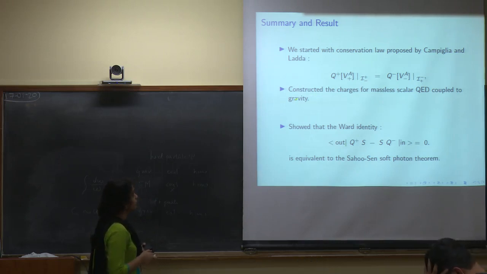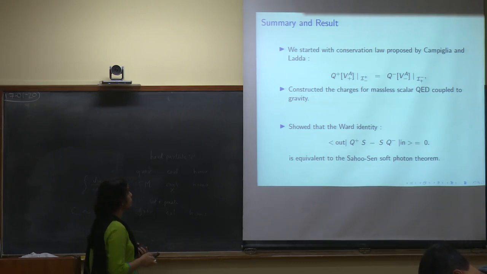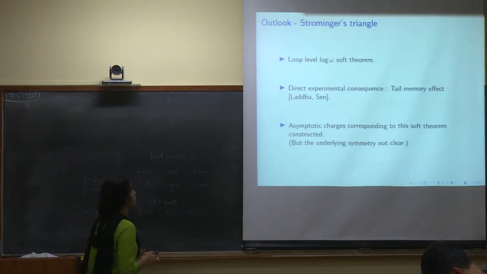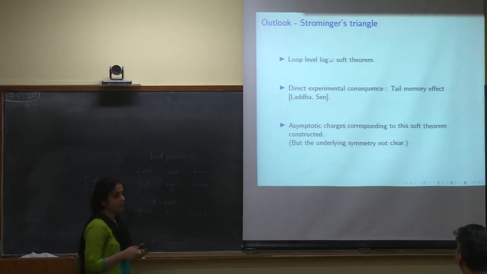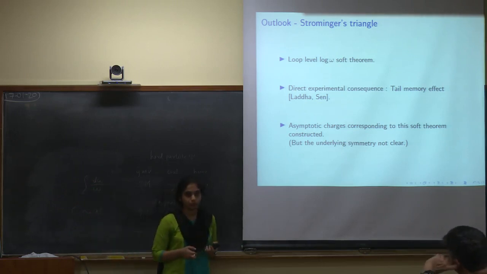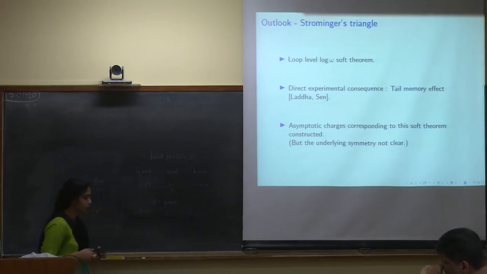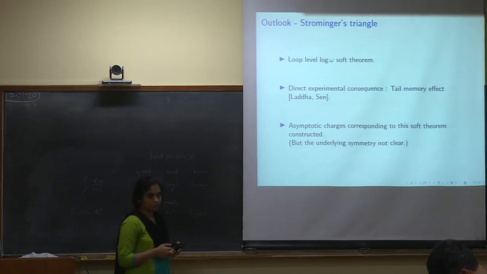So we can construct the loop level charges for massless scalar QED coupled to gravity, and the corresponding mode identity is equivalent to the soft photon theorem. And so just an outlook. At loop level we now have a log omega soft photon theorem. We saw that in the free data we have a 1/u correction, so that produces a correction to the known memory effects.